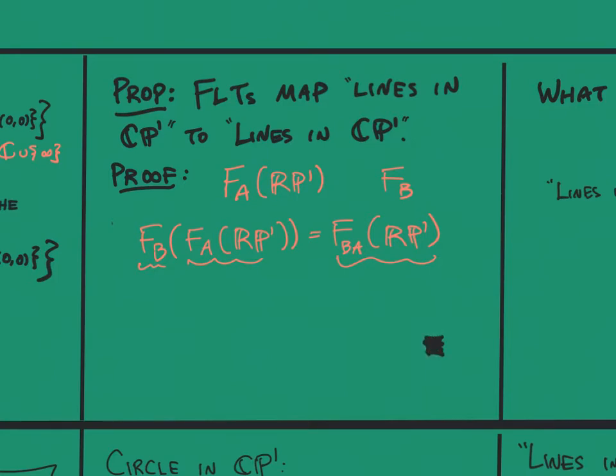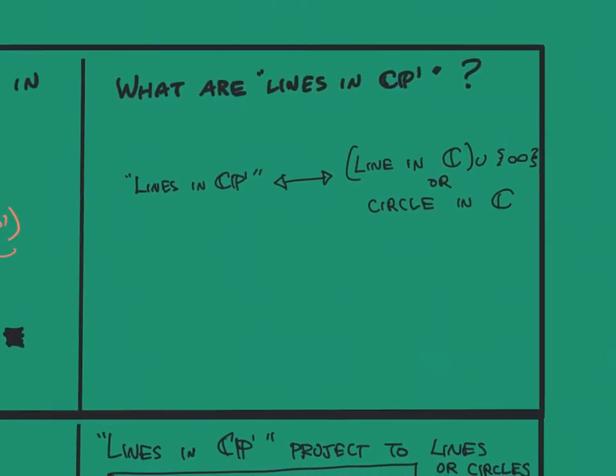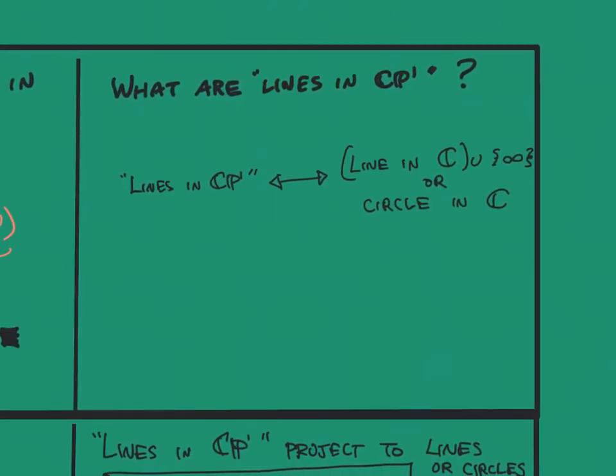But what we really want to do is dig into what lines in CP1 are. And they are what I said they were. Lines in CP1 are in direct correspondence with a line in C union the point at infinity, or just a circle in C. What's the correspondence?